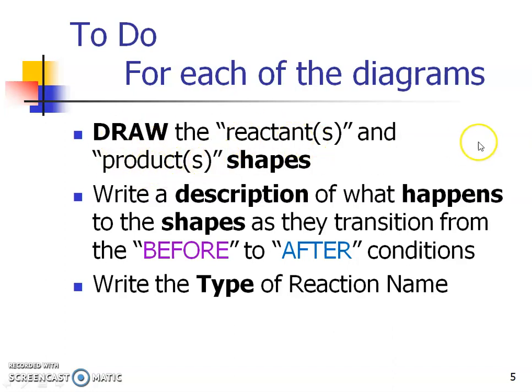But not only that, you're going to have to write a description of what happens to those shapes in the transition from before to after. And then I'm going to tell you what type of reaction it is, because for categorizing these types of reactions, they're given names in chemistry.